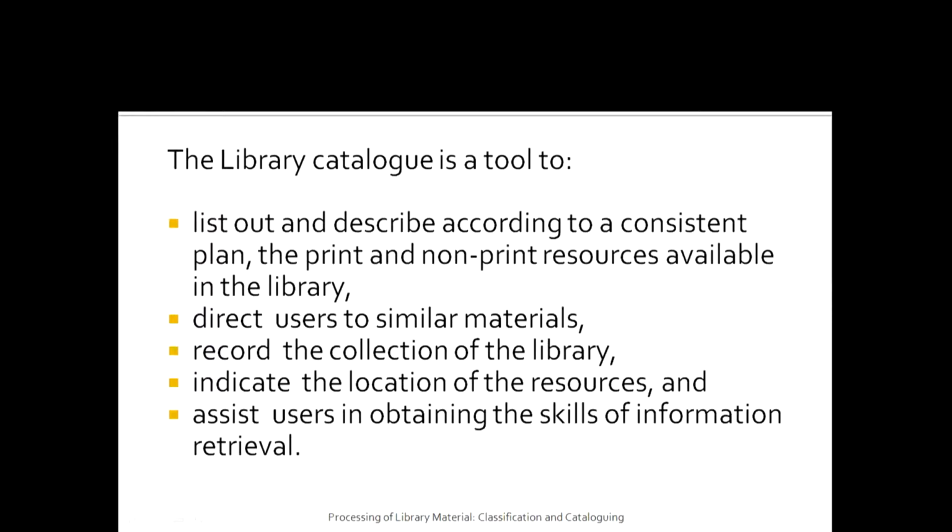Besides this, it gives directions to the users to similar materials, because whatever documents are on the same subject, the catalog will lead the users to that particular place on the shelf. Then we can record the collection of the library.